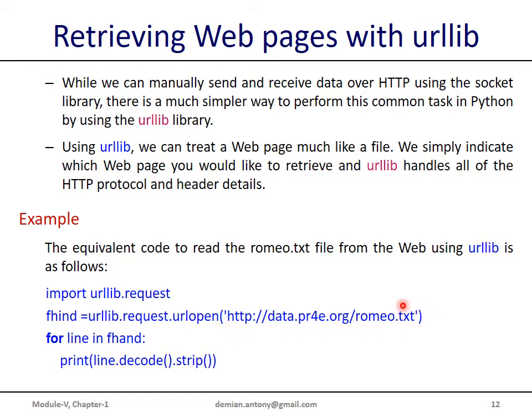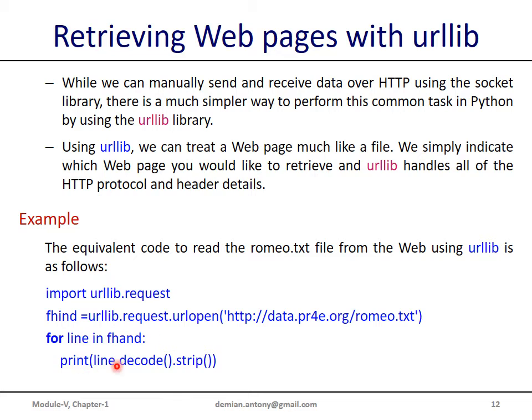Now these contents are available in fhand. fhand is the file handle. As I said, it treats the web page as a file. So we get a file containing all this data, and we read the data line by line.